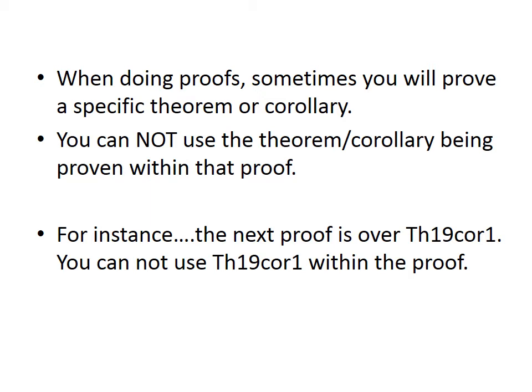So for the next example, we're going to complete a proof for Theorem 19 Corollary 1. So make sure you do not use Theorem 19 Corollary 1 within your proof. Now just remember, look at your assignments, look at the heading. If it says you're proving a certain theorem, do not use that within the context of that proof.